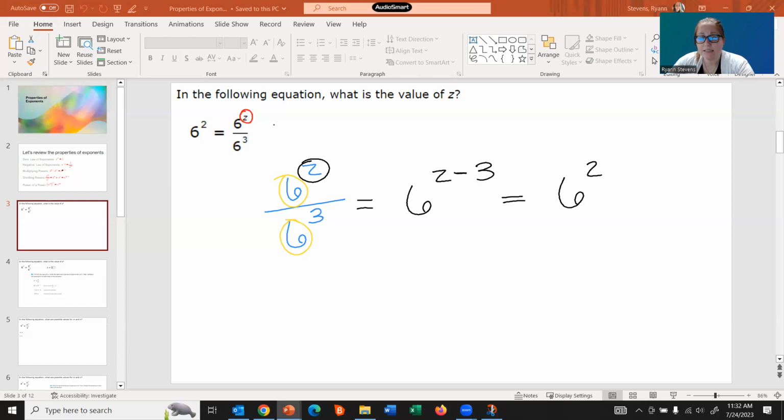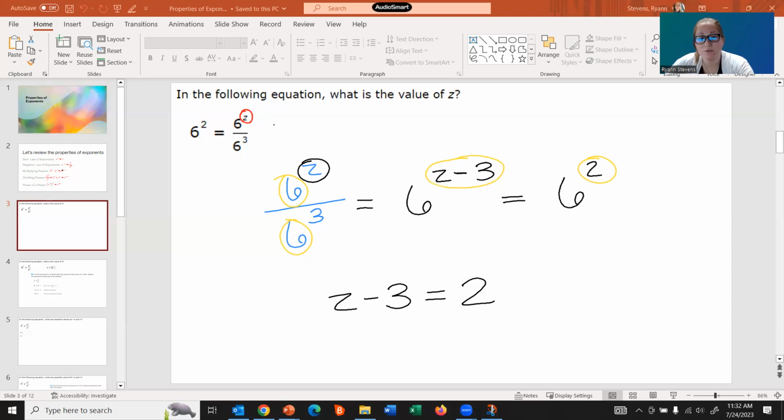Since we've already set this up and we've identified what property we're going to be using, we can just look at this part right here now, 6 to the z minus 3 and then 6 to the 2. And we can set this up as an equation. We could say z minus 3 is equal to 2.